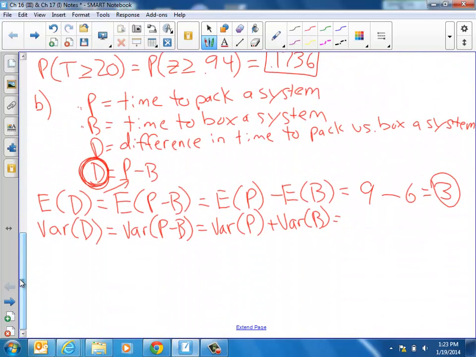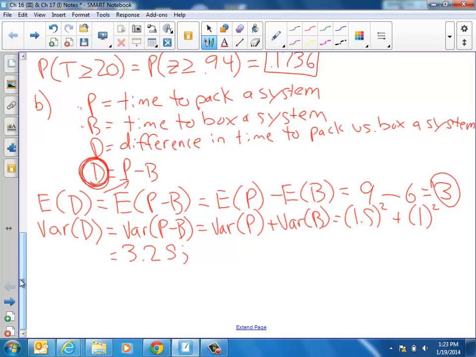So coming back down here, we're going to say 1.5 squared to get the variance of the packing time plus 1 squared to get the variance of the boxing time is equal to, let's come right over here, 3.25.